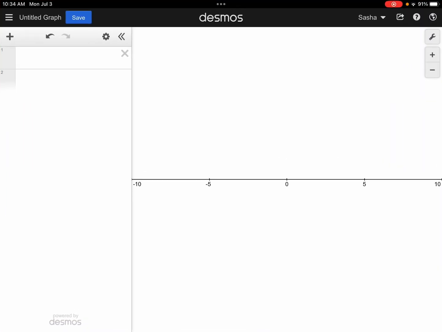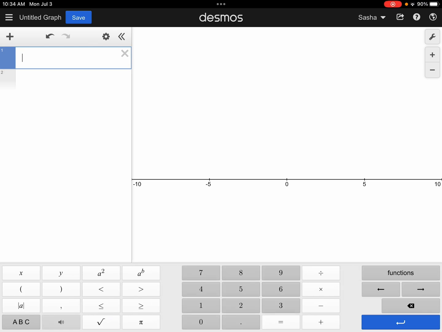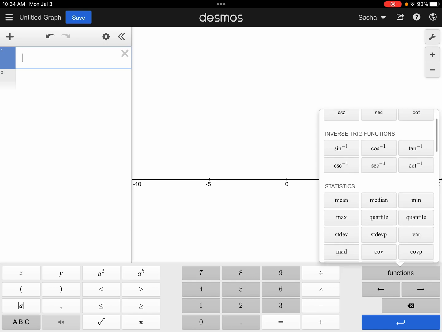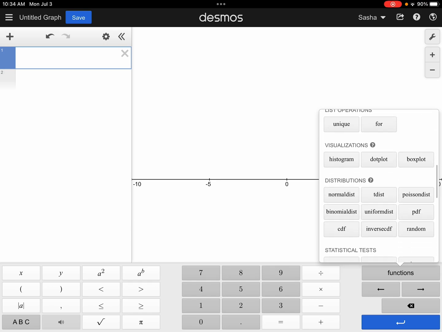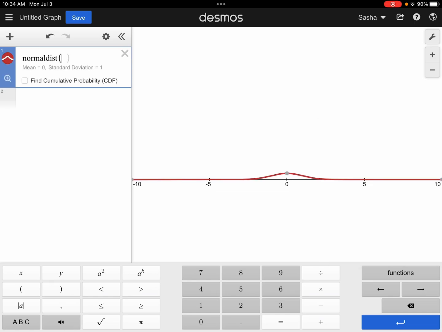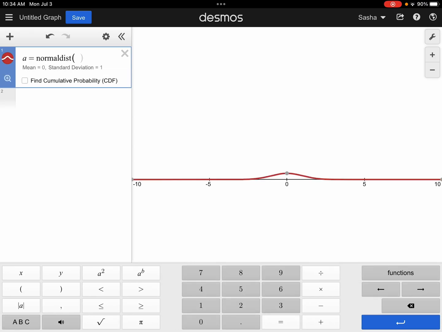So first, let's get our normal curve into Desmos. There are a few different ways you could do this. You could type it in, or if you go to functions and underneath distributions, you will see something called normal distribution. I would recommend naming it, because as we'll find out later, there are some things that will help you if you name your normal distribution.